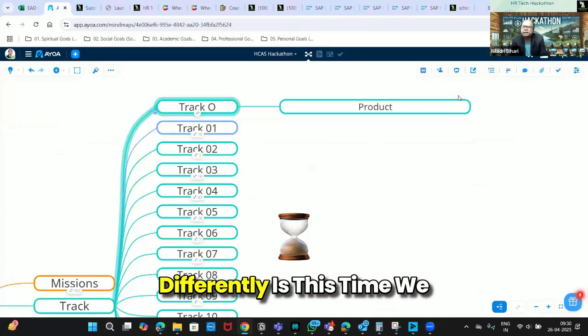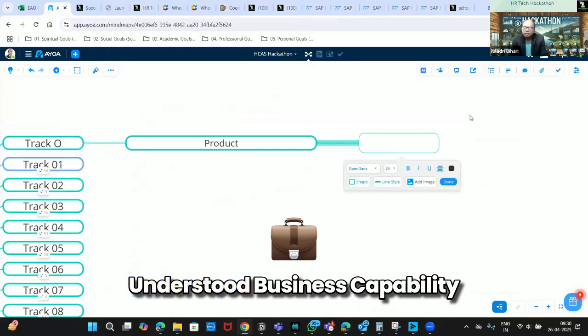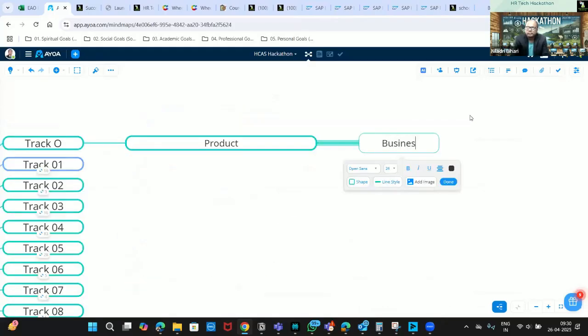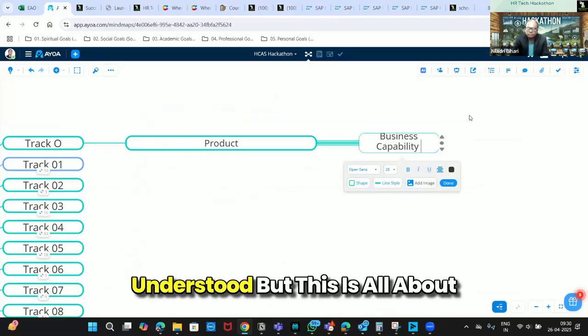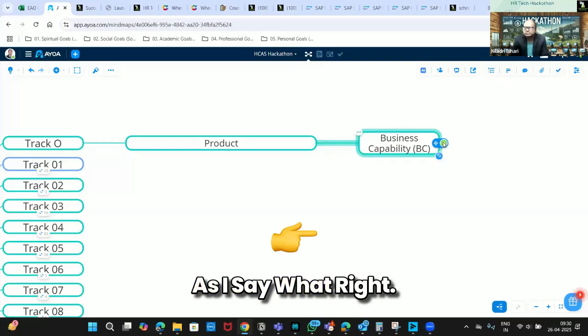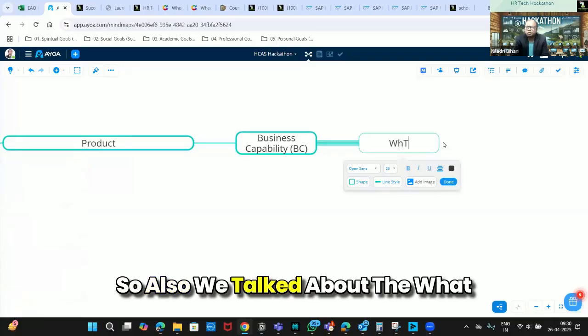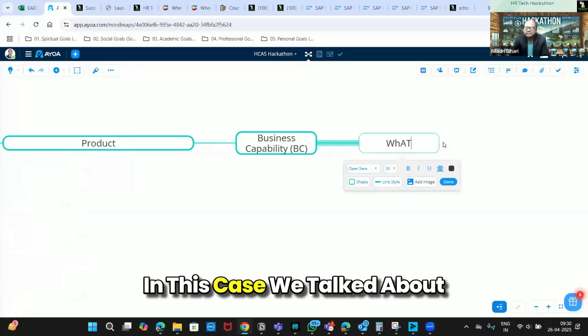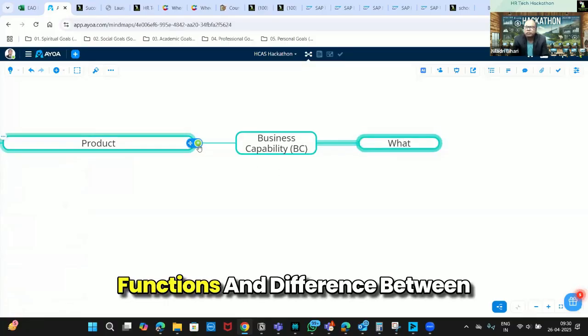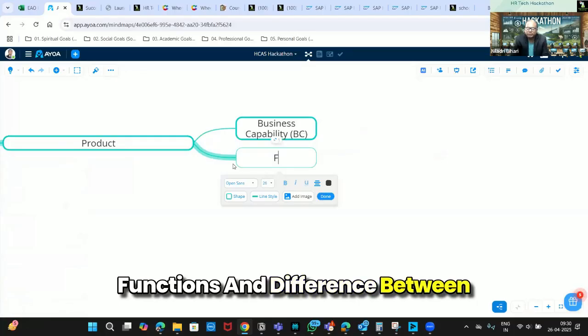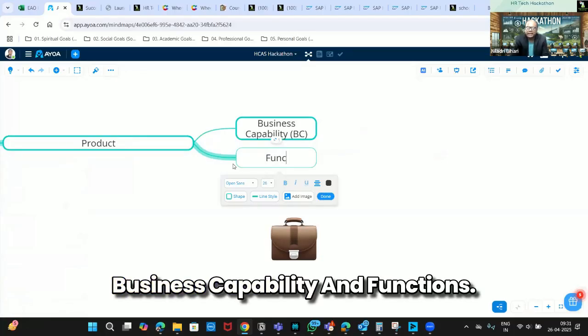What we have done differently this time is that we understood business capability, and from business capability we understood what it is all about. We also talked about functions, and the difference between business capability and functions.